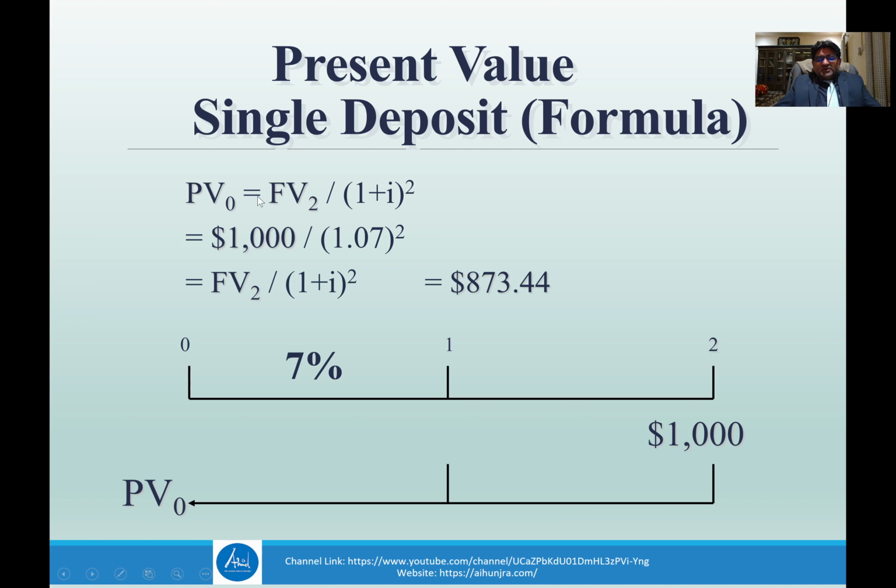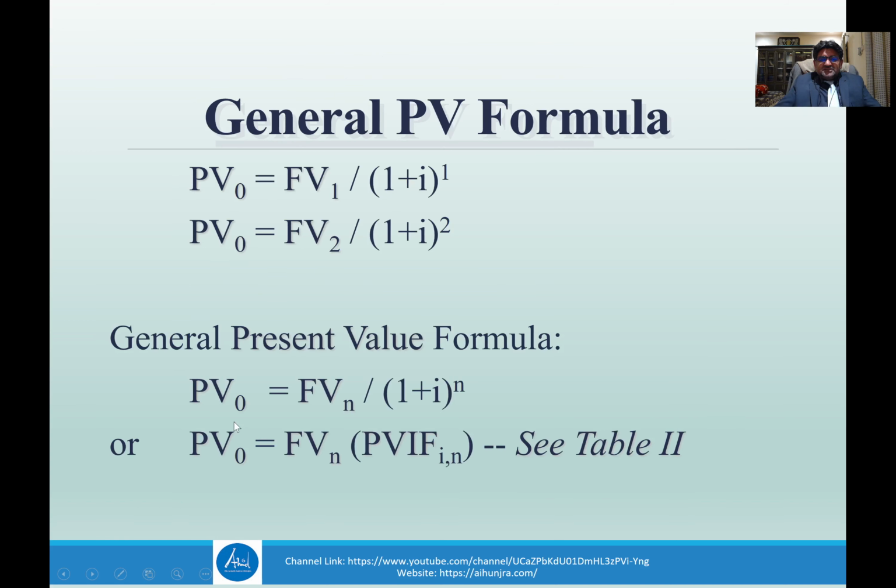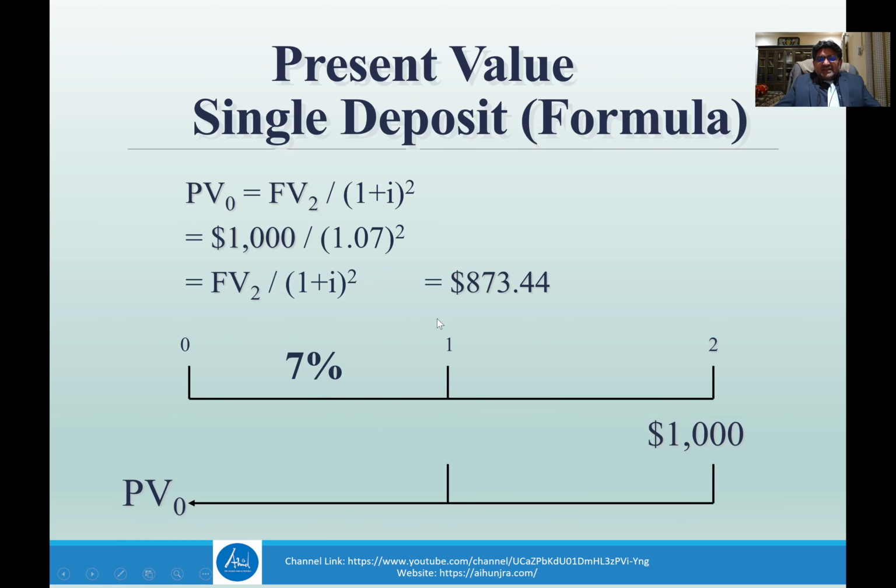What is future value? That's your target, 1000. As I have explained, the present value will always be less than future value. What is present value here? In this case, the present value is 873.44, and the future value after 2 years at 7% will be $1,000.